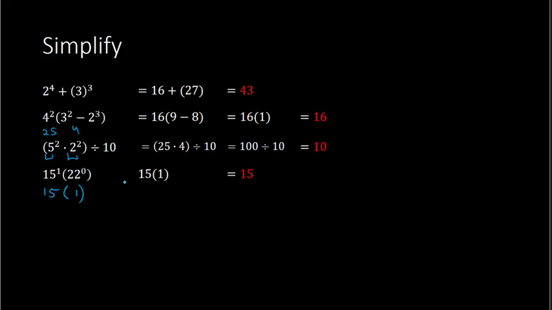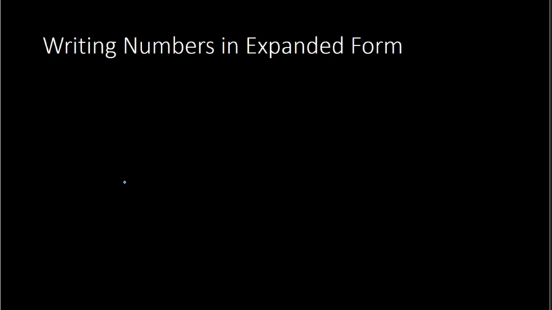Now lastly, we can write numbers in what's called expanded form, which is using exponents in here. So for example, we have 236.15. So we've learned in the past that you can break apart this number where we have the hundreds place. So this would be looking right here, that 2 represents 200.